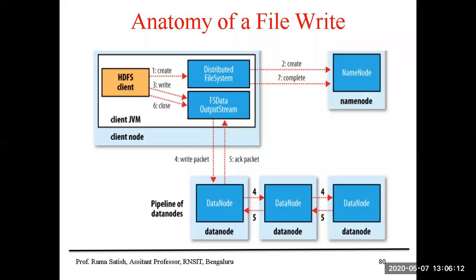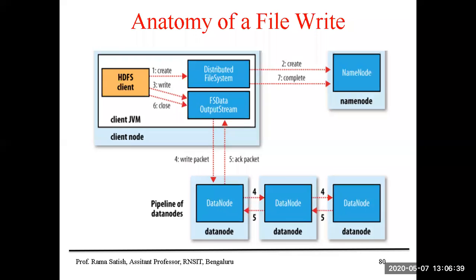FS, file system data output stream, is actually a stream object. We have seen in yesterday's program that we created a stream object to write the file contents into that stream, through which we store the data in various data nodes.